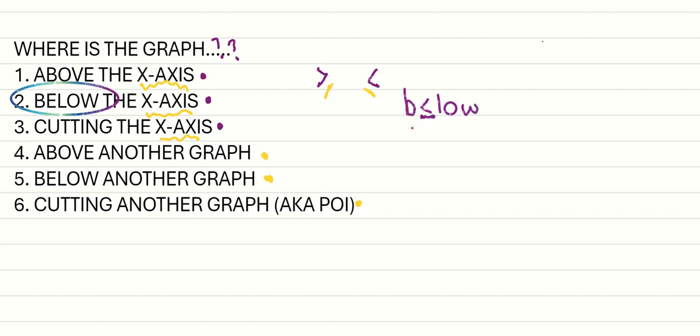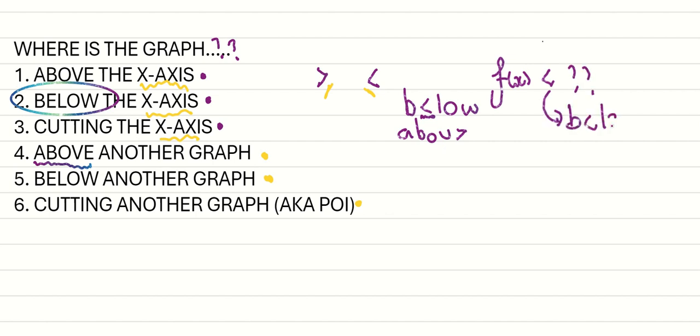And when you have above, we can remember it as this one, this back to front E. So when they talk about where is f of x less than something, we know that this is asking for below. Where is f of x below the x-axis, or where is f of x below another function? I need you to remember this memory tool to help you figure out what you are looking for.